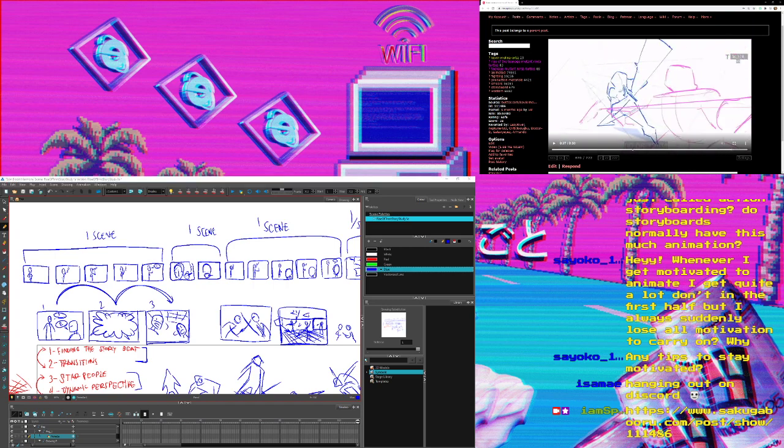Fortunately, most of the cuts in this are cut on action, which is very common; you'll see it even in kung fu films and action films. Cutting on action is a big thing.